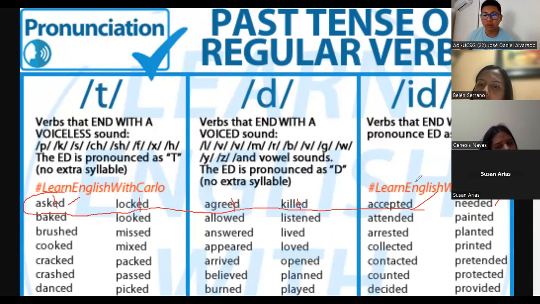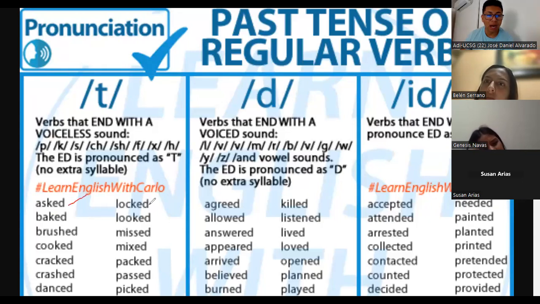En los últimos dos pronuncio la e porque aquí hay una t y acá hay una d. Accepted, needed. Again. Asked, locked, agreed, killed, accepted, and needed. Okay? Si yo digo asked, it's not correct. Si yo digo killed, it's incorrect. Okay? Because I don't have to pronounce the E.